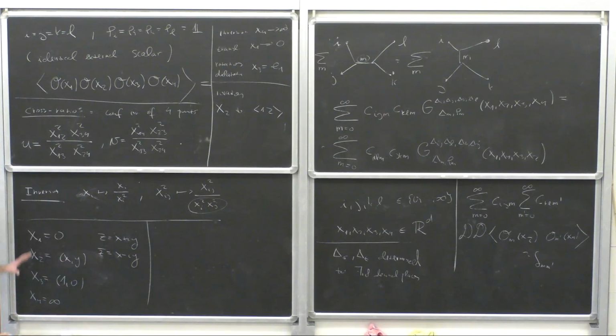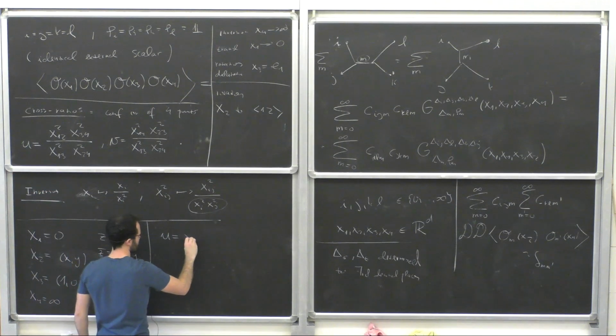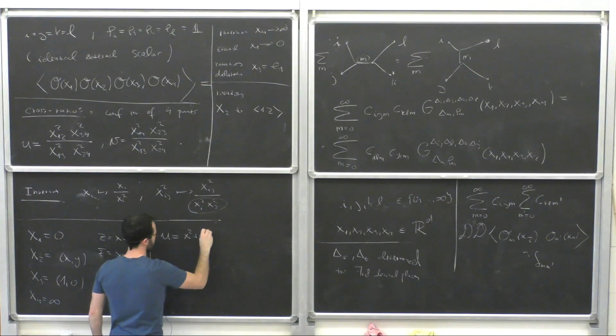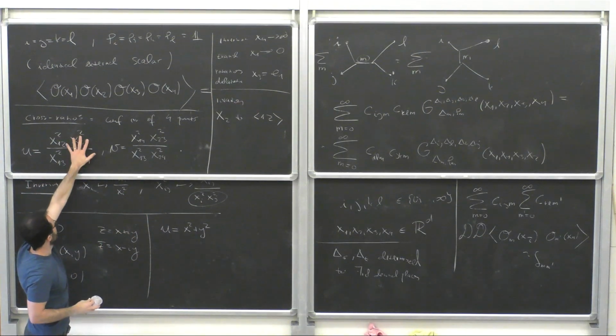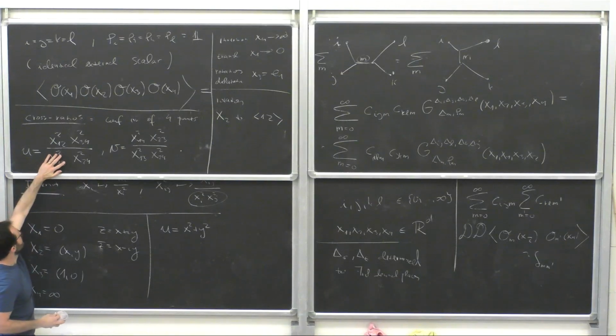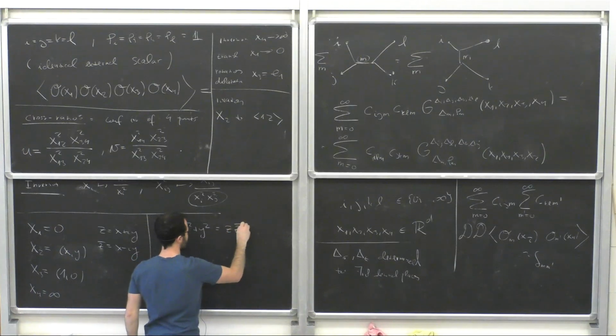So now if I plug this into the definition of u and v, you'll find that u is just x squared plus y squared, because x4 goes to infinity, this drops out, this distance is 1, and this is just the distance of x2 from the origin, which is x squared plus y squared. So that's z times z bar.